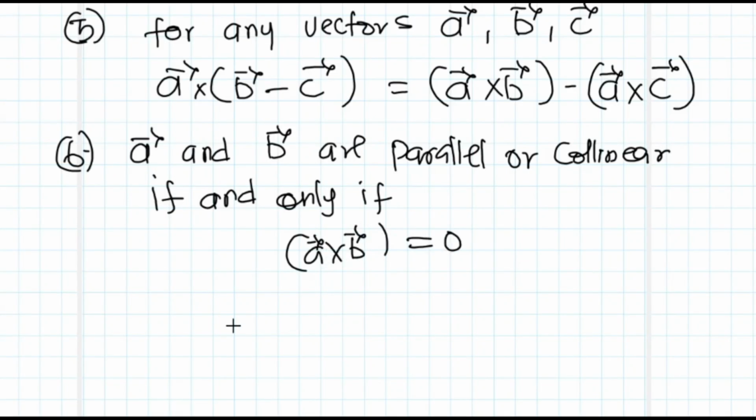So two vectors are parallel or collinear when their cross product is equal to 0.